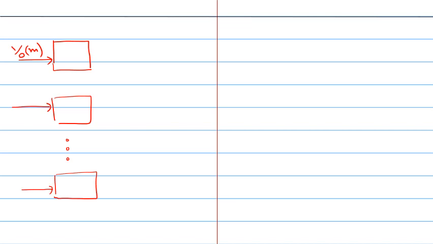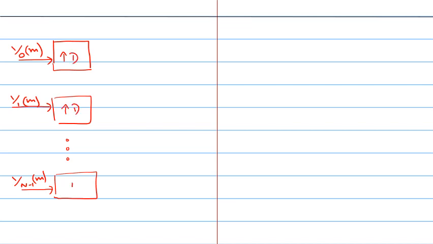So we have input y0 m, y1 m, and yn minus 1 m. Okay, so then we are just passing it through an upsampler.